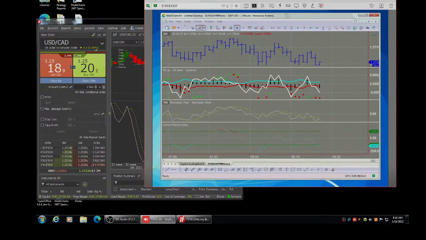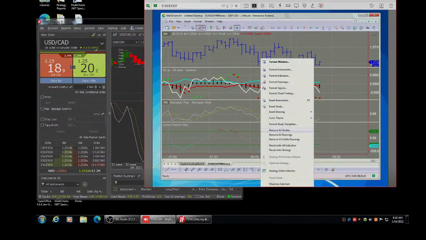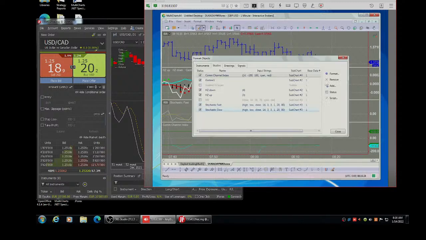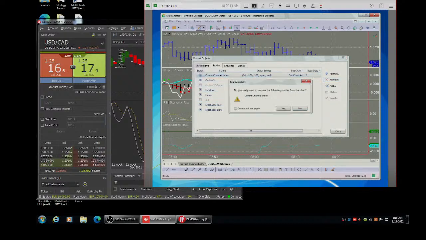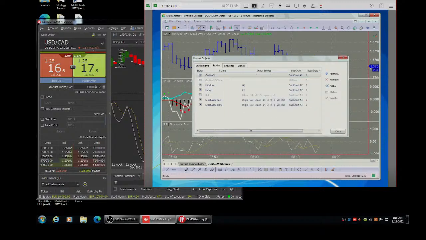Oh, I see. We have to go over here. Let's go over here. And we'll remove this. Indicator, channel. Which one is it? Where is it at? There it is right there. So we'll remove this and see if we can find this dual indicator. Let's see. Dual momentum.